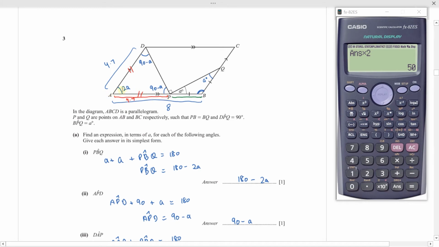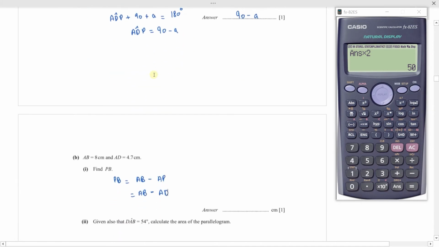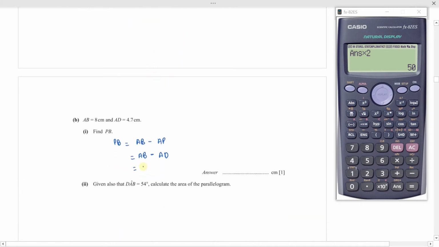So this length AP is the same as this length AD. So you will get PB will be 8 minus 4.7, which is 3.3 centimeters. So your answer here is 3.3.